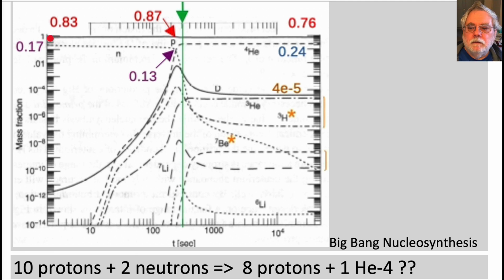The top solid line, here to here, is protons, ordinary hydrogen. The short dashed line below it at the upper left is free neutrons. Here to there.